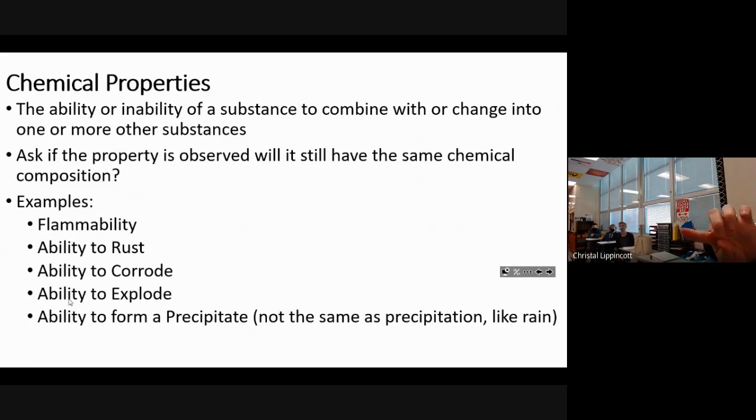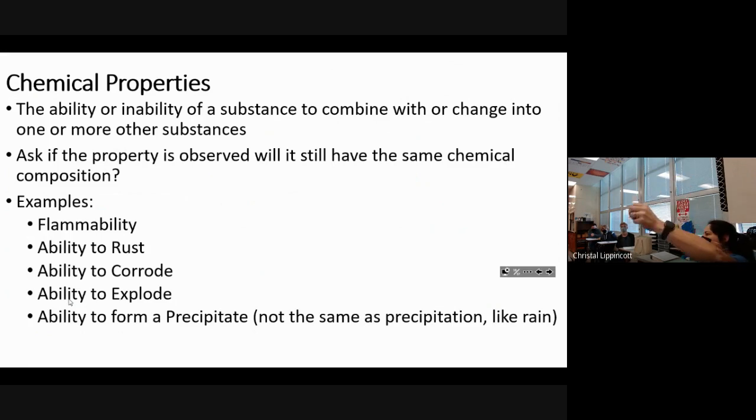Flammability: if something's flammable, that's a chemical property. Because if we observe that change by setting something on fire, we're not going to have the same thing left over. If I have a piece of paper and I set it on fire, am I left with paper?